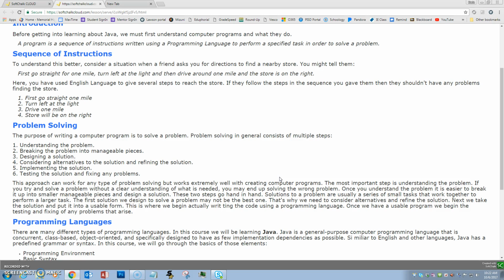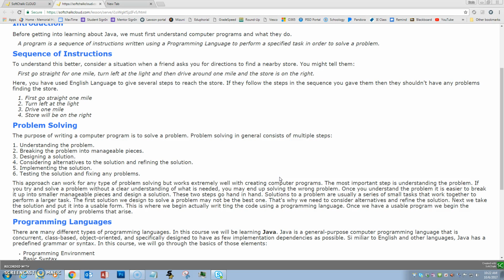So the solution to the problems are usually a series of small tasks that work together to make a larger task. Now, the first solution we designed to solve a problem may not be the best one. One of my favorite sayings is there's more than one way to skin a cat. That's an old time saying from years and years ago, but there's more than one way to do anything.